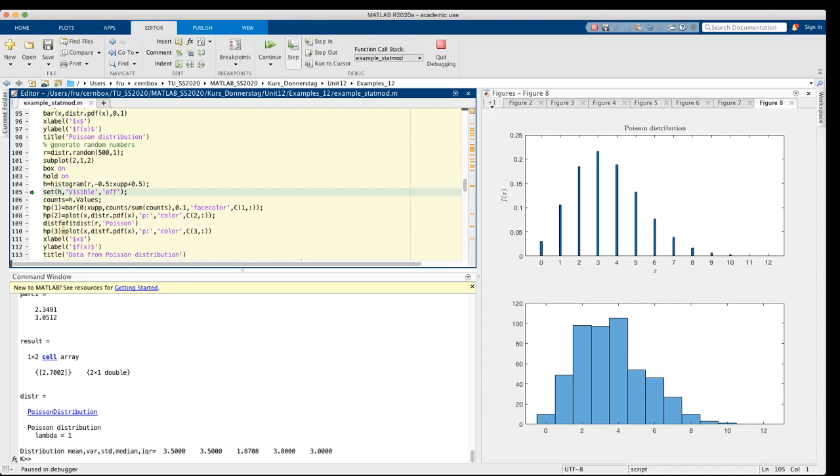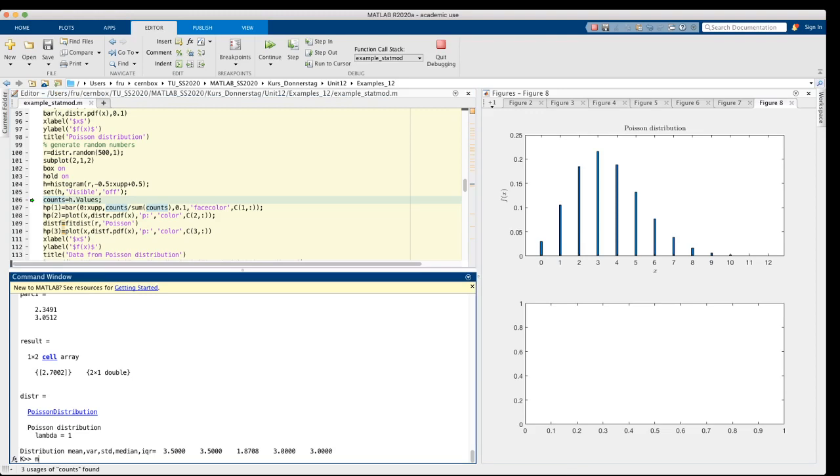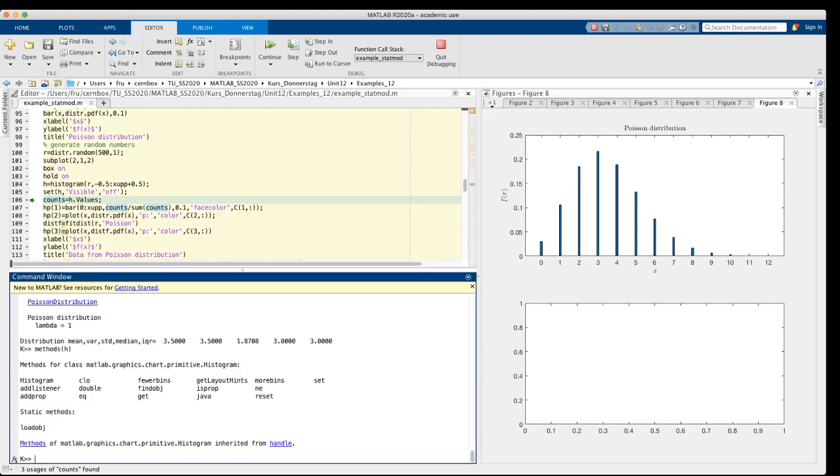So I will now extract the counts from the histogram. This is very important. You can extract the counts from a histogram object by the method values. Let's have a look at the methods of this histogram class.